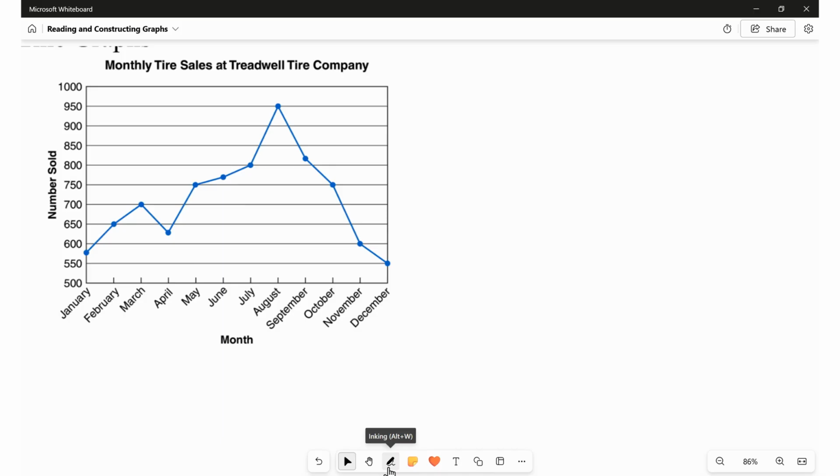Again, there are lots of things that we can tell from this line graph. So something that we can tell, let's see, what month had the most sales?